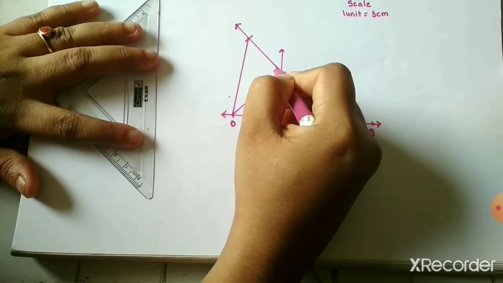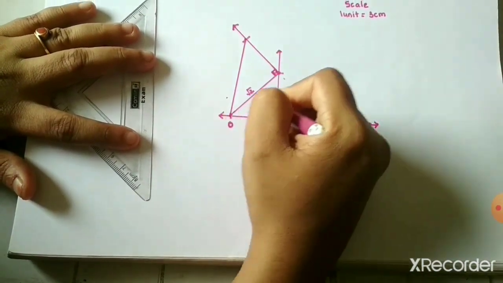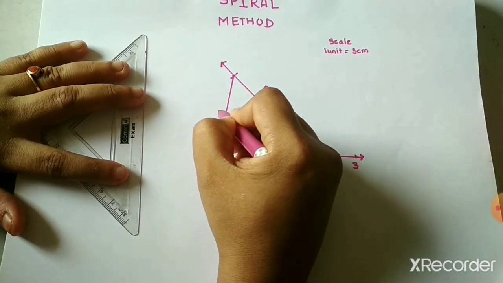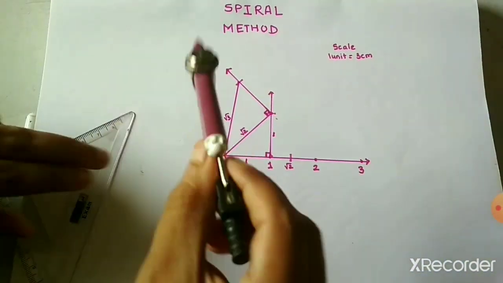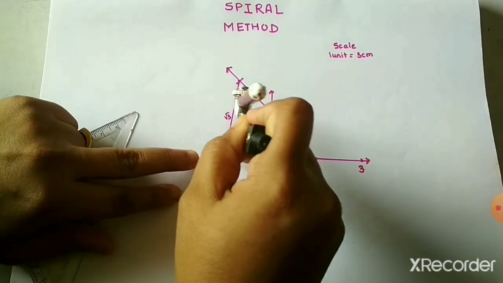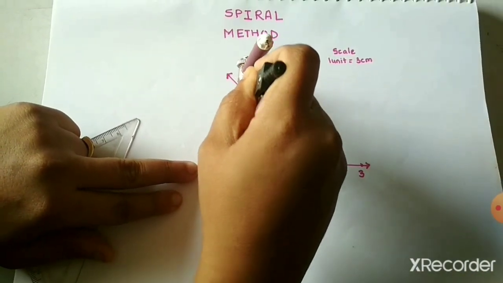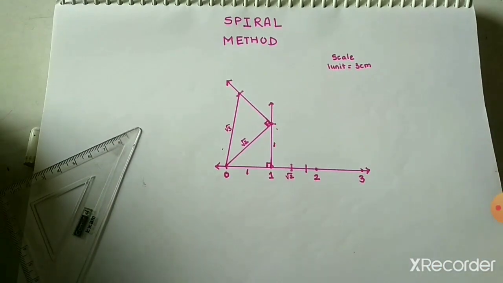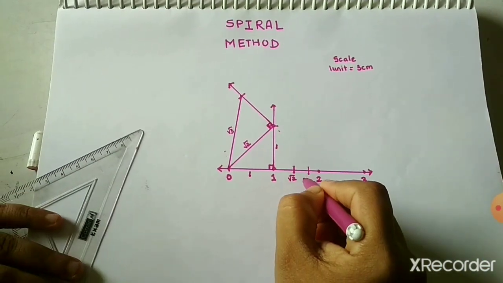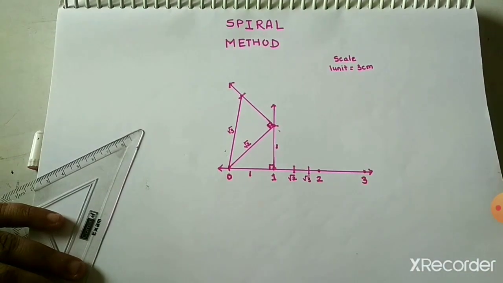This angle is now 90 degree, and for this triangle, the hypotenuse will become root 3. So use the hypotenuse distance from 0 to root 3 in your compass and draw the arc on your number line. Correct? So we got this point as nothing but root 3.